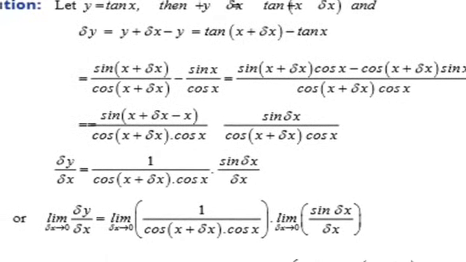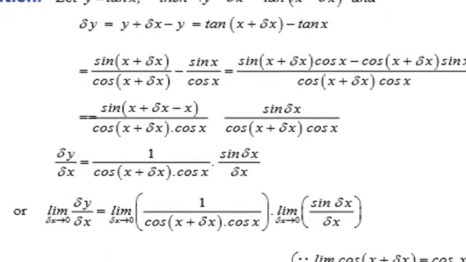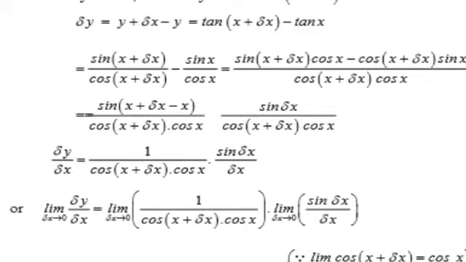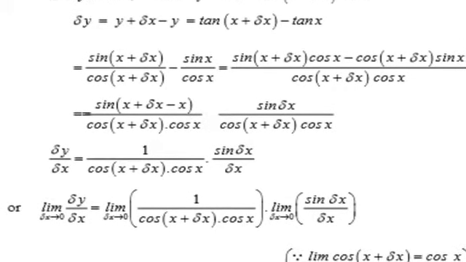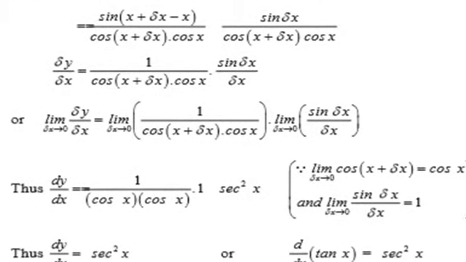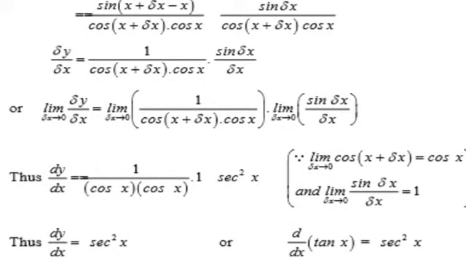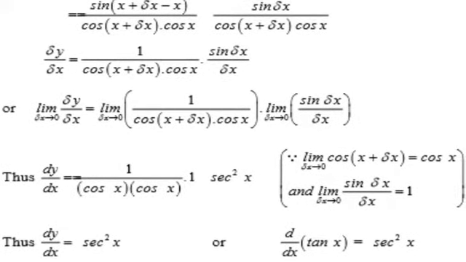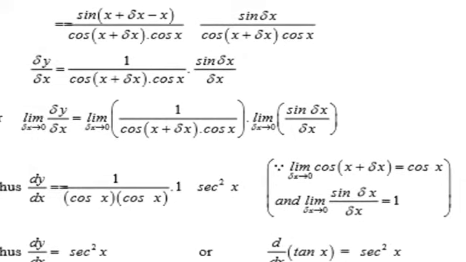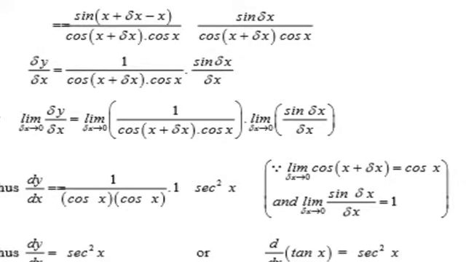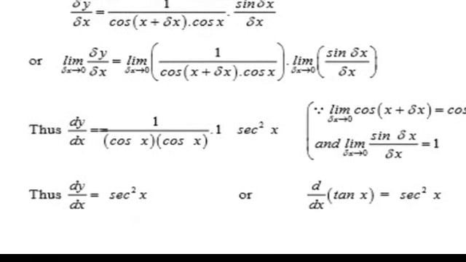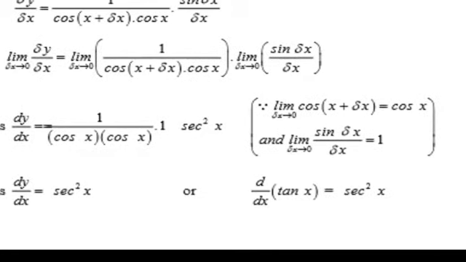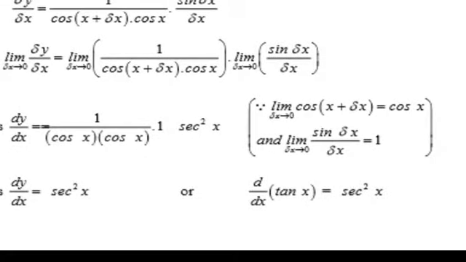Now divide by delta x. Sin delta x over delta x is 1 as the limit delta x tends to 0, and we apply the limit in cos (x plus delta x), so it becomes cos square, and 1 over cos square is secant square, so the derivative of tan is secant square.